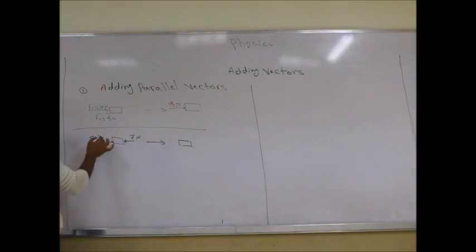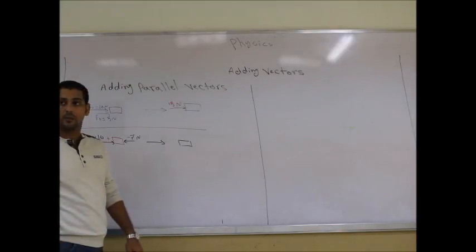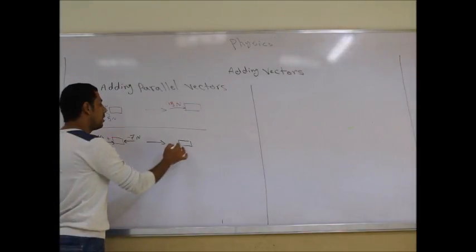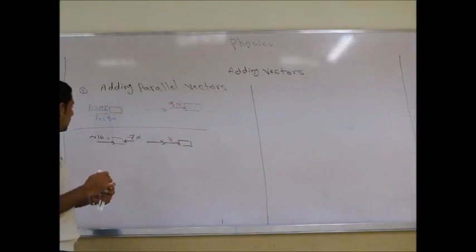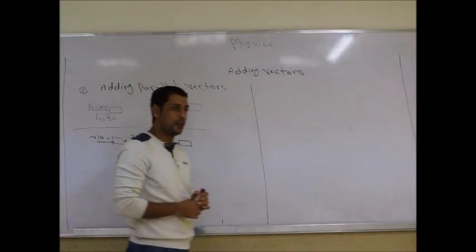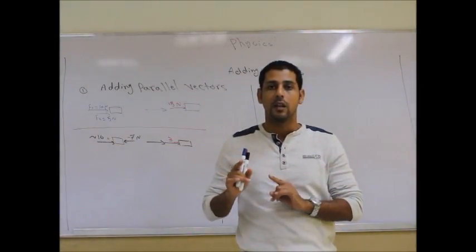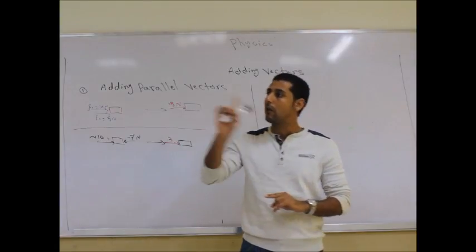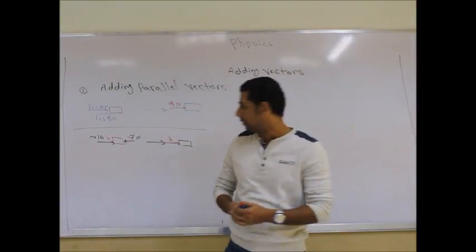So the resultant will be 3, and the 3 means to the right. The point here is never give two opposite directions the same sign in vectors. If I take right as positive, you have to take left as negative.